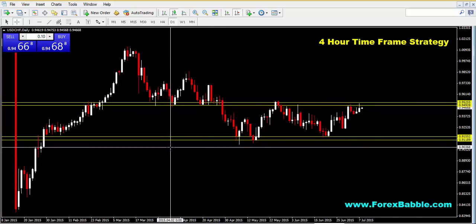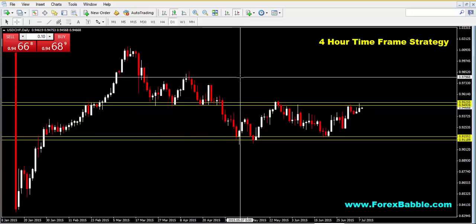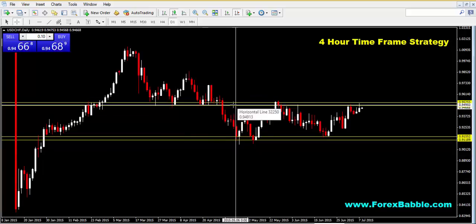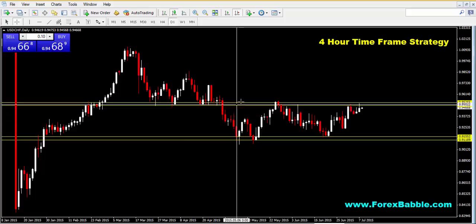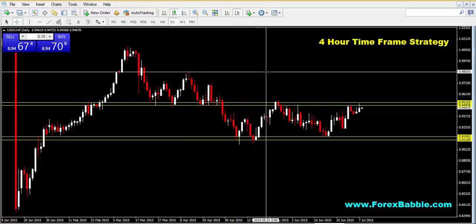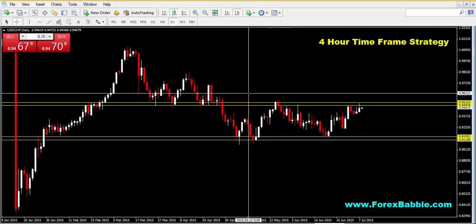So what I normally do is find common or strong support and resistance zones. Now, I say zone because oftentimes price will not quite move to a mark. If I just had one line here, you would expect the price to get to that and then bounce down or up, but oftentimes it'll move to a particular zone.